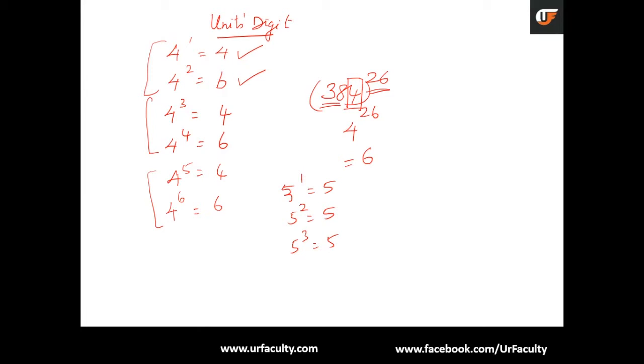Whatever the expression given, if the number ends with 5, let's say 685 to the power of 895, the units digit is going to be only 5. Please remember this. Please don't waste your time trying to solve such expressions.